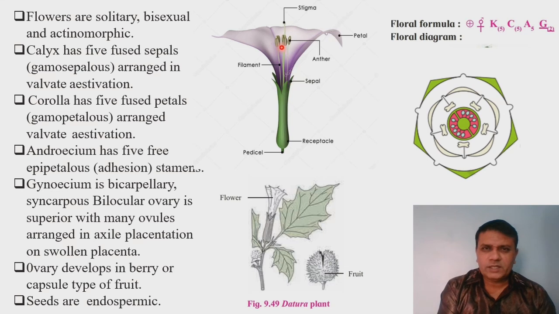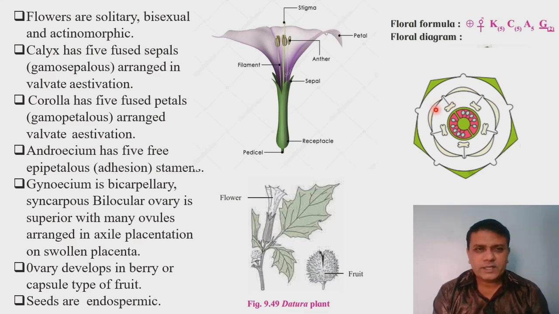Here there are 5 epipetalous stamens. Now epipetalous means they are attached to the petals. Here we can see in the floral diagram that the stamens are attached to the petals. Hence they are called epipetalous stamens.